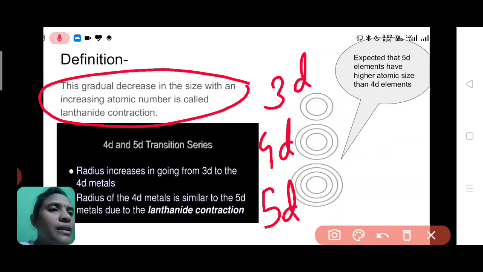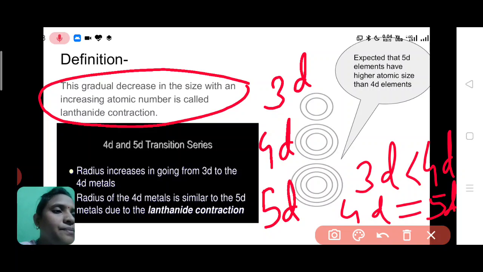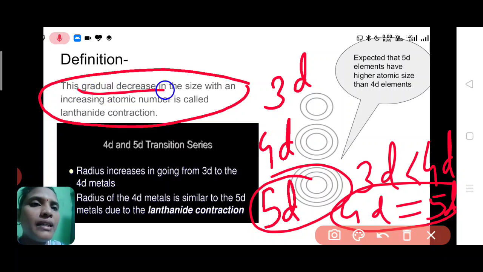See here, 3D has lesser atomic size than 4D. But 4D is equal to 5D. Why is this so? 4D has similar atomic size like 5D. So here it means these 5D elements are showing gradual decrease in atomic size.